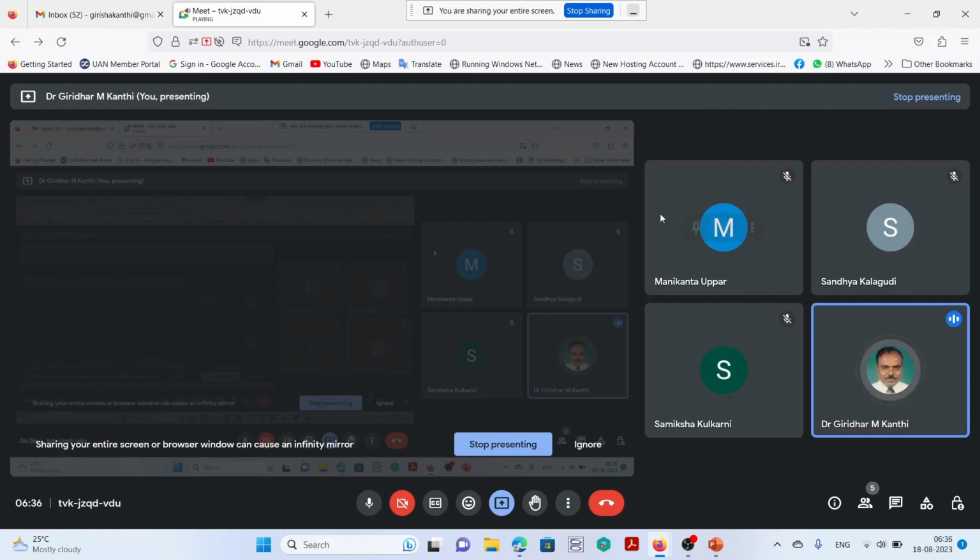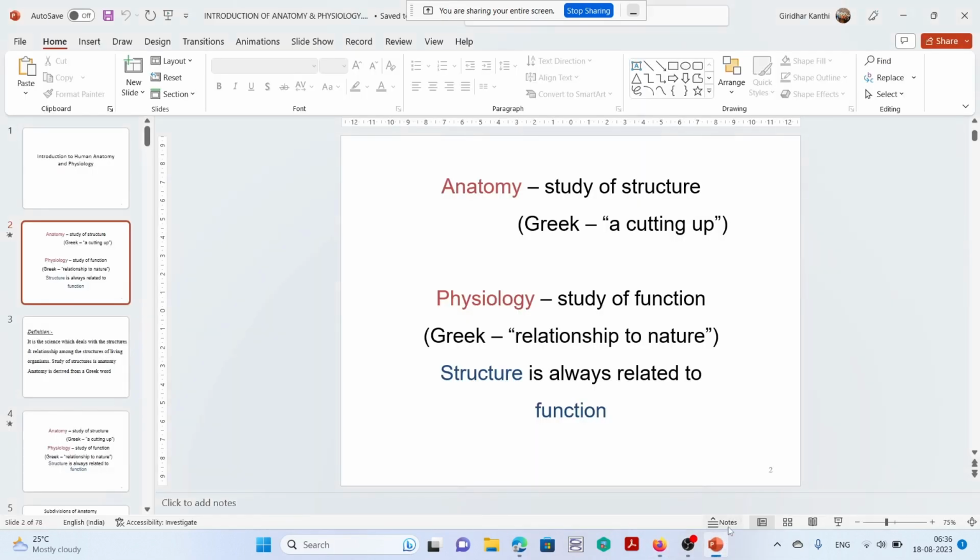So we have to cut. Then only will it make a clear concept of understanding. What we are cutting is a part of the structure.